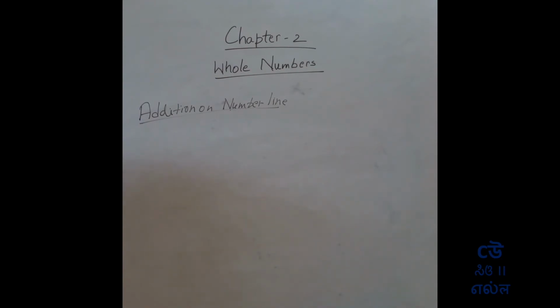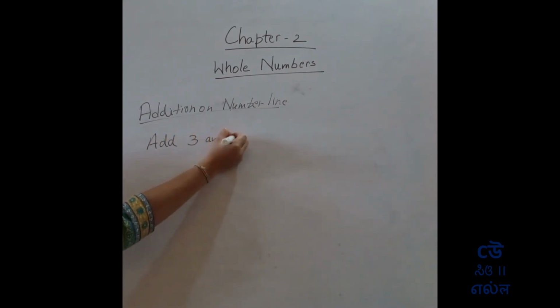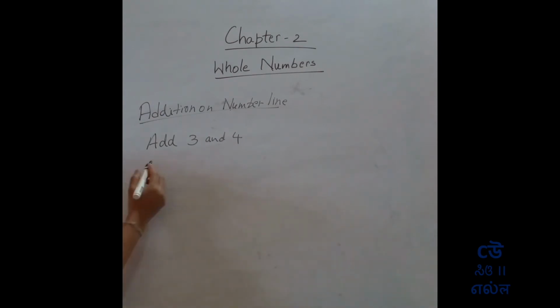So let us see the addition of 3 and 4. For that, first we'll draw the number line.